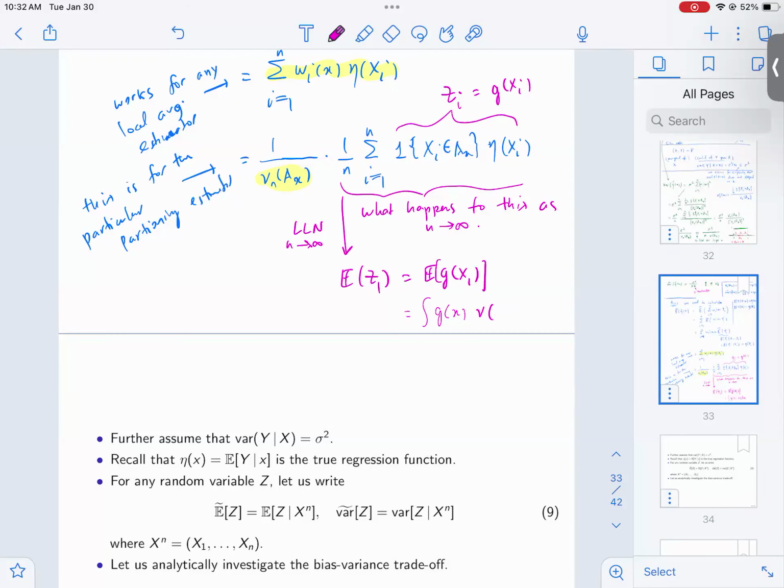Or like d mu of x, but that's measure theory, so that's fancy. It's just this, f(x) dx. If you work with distributions, you write d mu of x, like the derivative of the distribution, but you understand this means it with no measure theory.